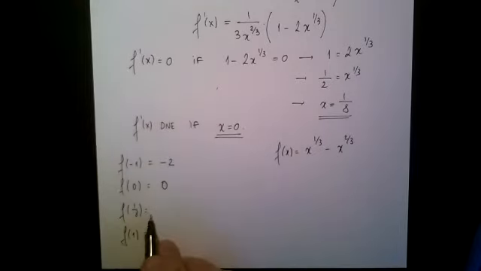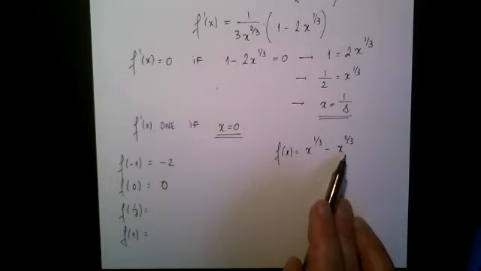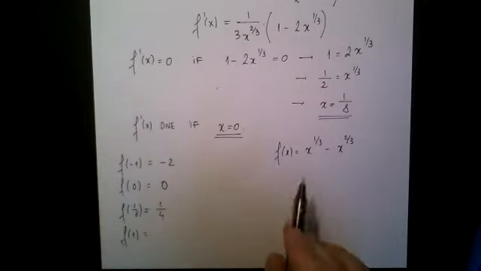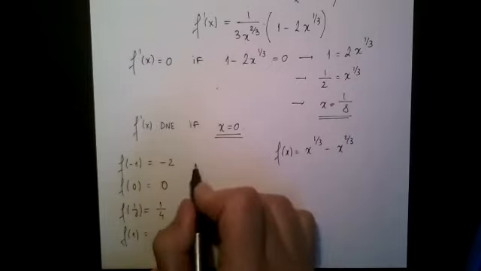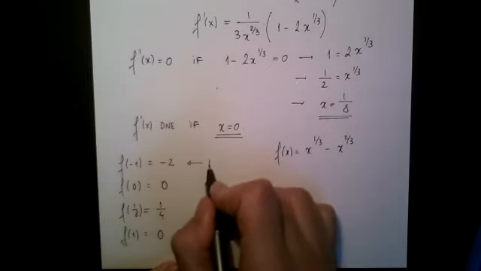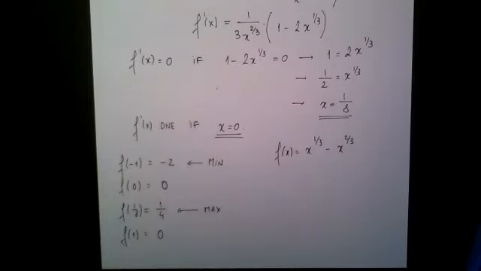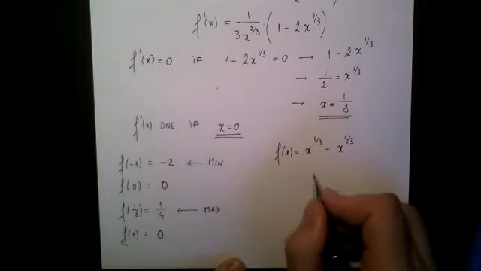At 1/8, I get 1/2 minus 1/4, so that's 1/4. And at 1, I get 1 minus 1 is 0. That's it. So here's my minimum, and here's my maximum. Questions?